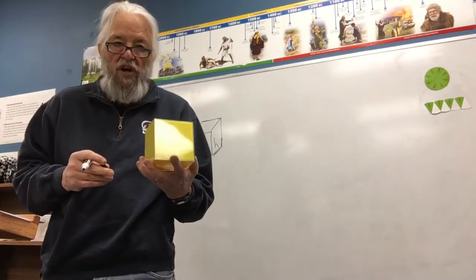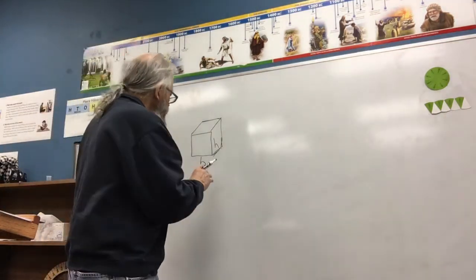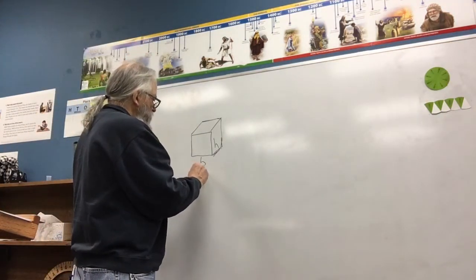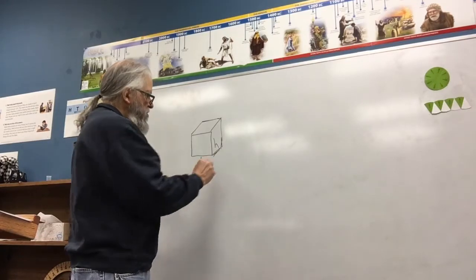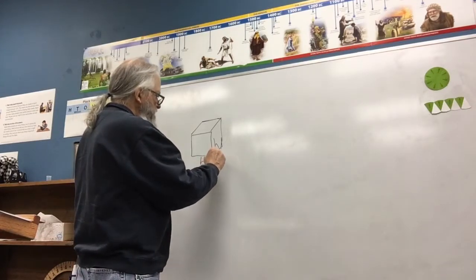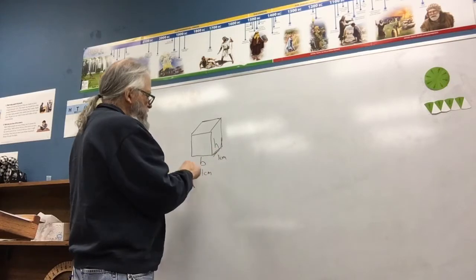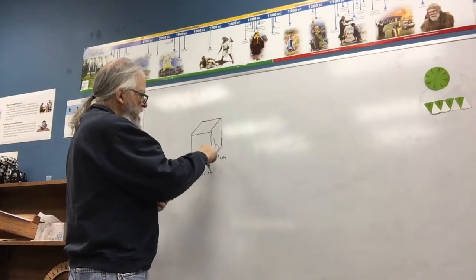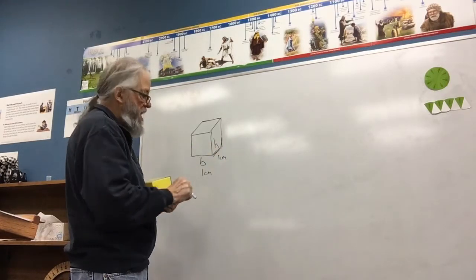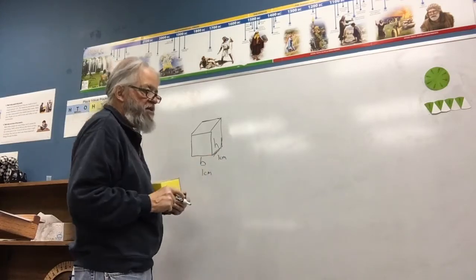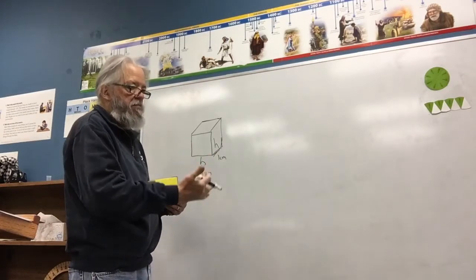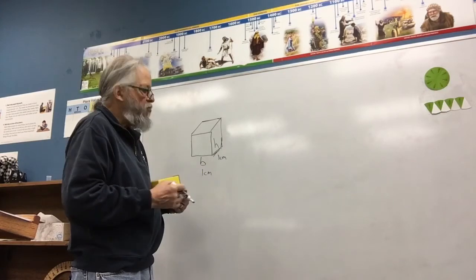So they first of all talk about a cube that's 1 centimeter on each side. So the base has an area of 1 centimeter times 1 centimeter. That would be 1 centimeter squared.